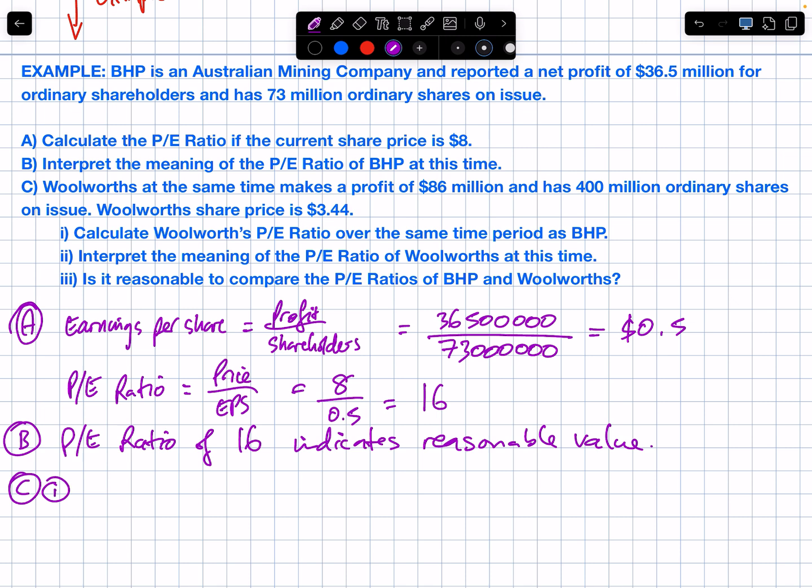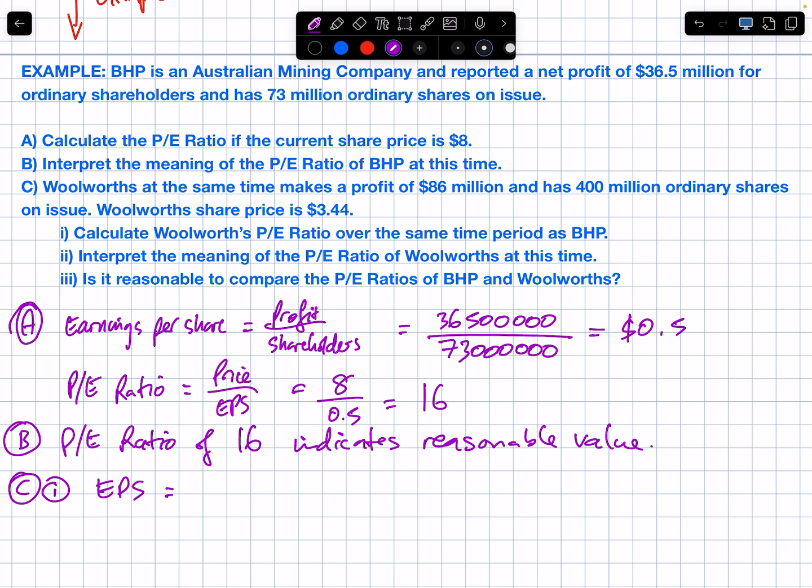C, now we're talking about Woolies. Can I work out the PE ratio of Woolies straight away? Do I need to work out something first?